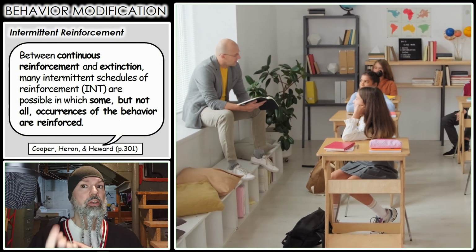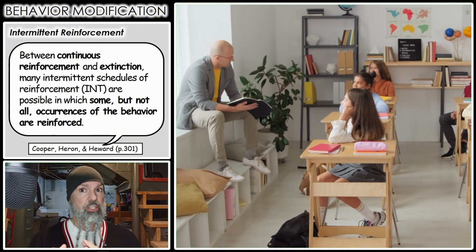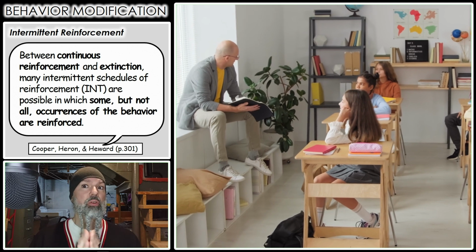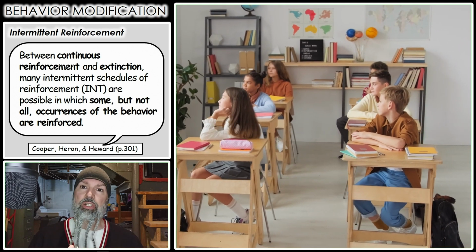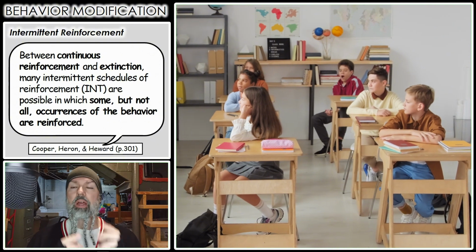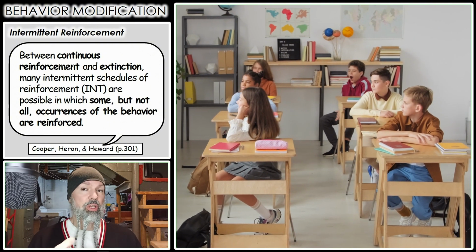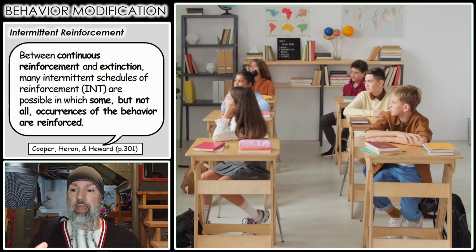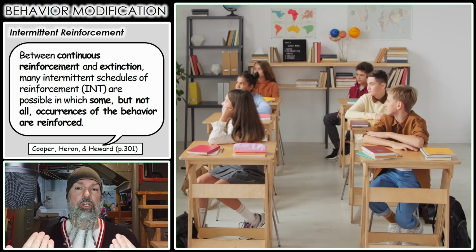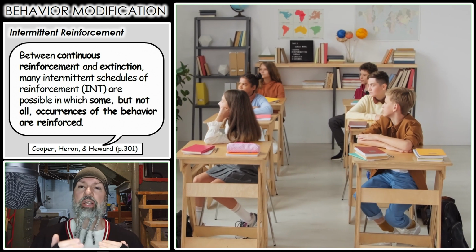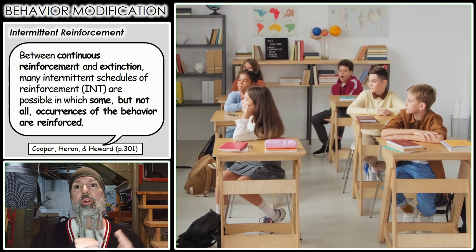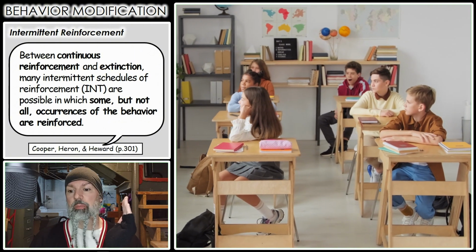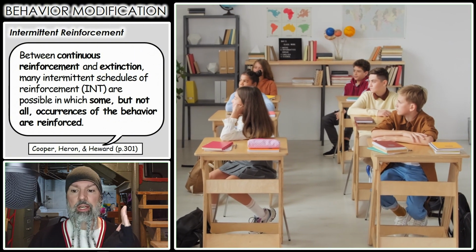Hand goes up, child gets called on. Hand goes up, that child gets called on. However, you can't ignore the other students in your class indefinitely. So eventually, when that child's hand goes up, you're going to have to not reinforce certain instances of that behavior. And in this case, if there are 6 children in the classroom, eventually that child is going to be on a variable ratio schedule of 6, where maybe every 6th time they put up their hand, they will get called on.